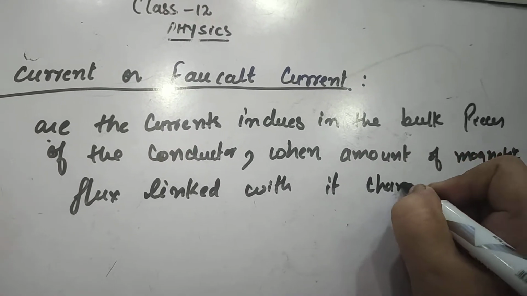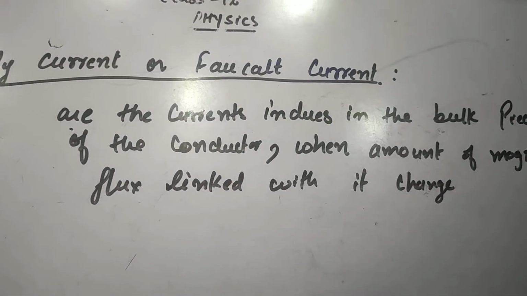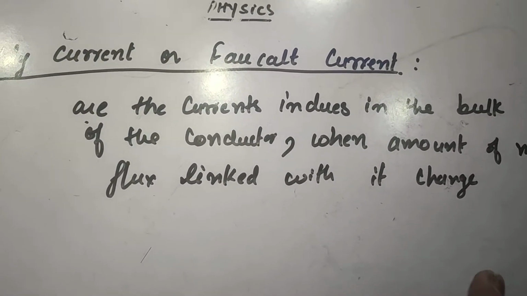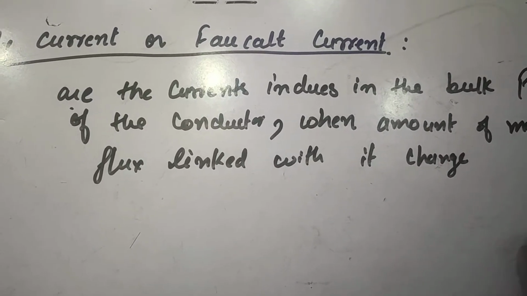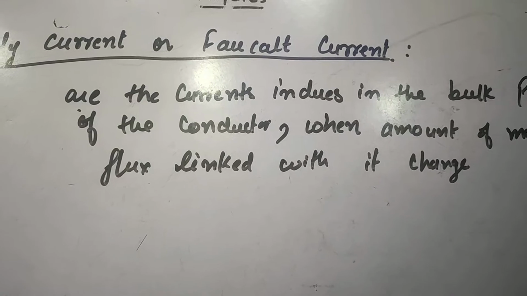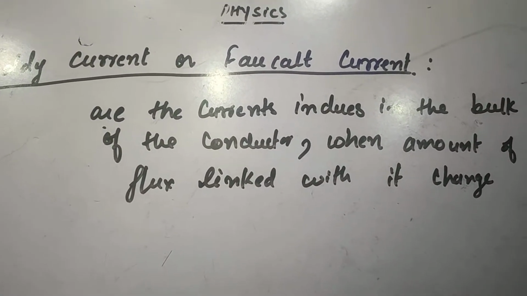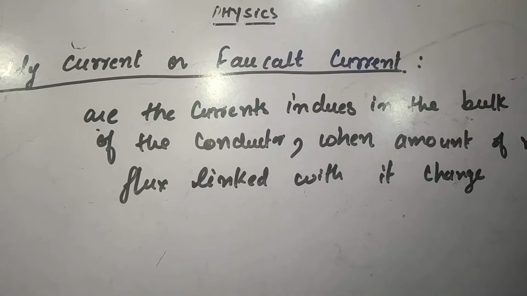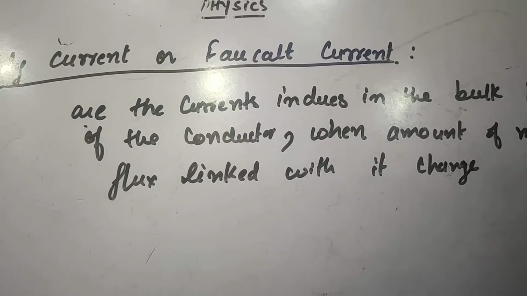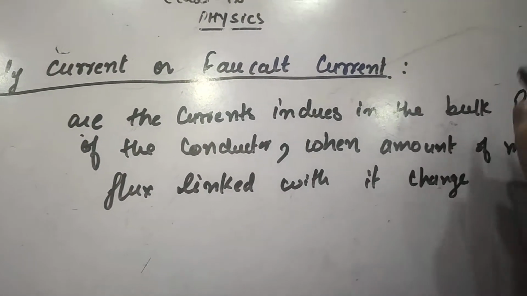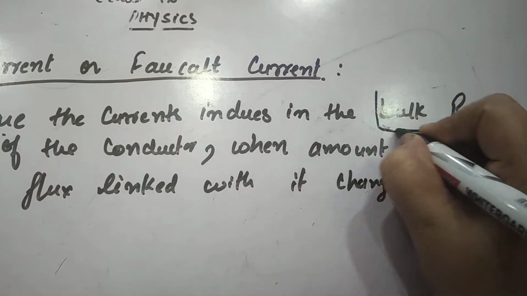We have already studied in Lenz's law that current is always induced whenever the magnetic flux linked with it changes, either its area changes or its magnetic field magnitude is changing. So here also we are talking about the same type of current, which is produced when the magnetic flux linked with it changes, but it is induced in the bulk pieces of the conductor, right?